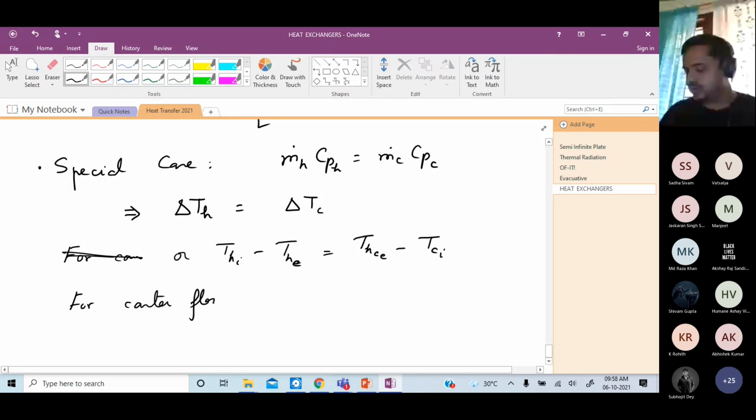So for counter flow, it means that delta T0 equals delta TL. So THI minus TCE would be THE minus TCI.